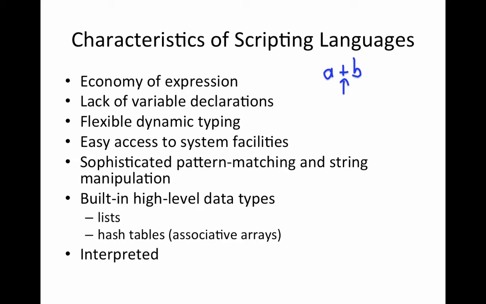But if I don't know what the types of A and B are, I can't compile in a machine language instruction to handle it. So even if I could compile a scripting language, the lack of variable declarations and of type declarations means that many of the compiler optimizations that I could normally use are thwarted anyhow.